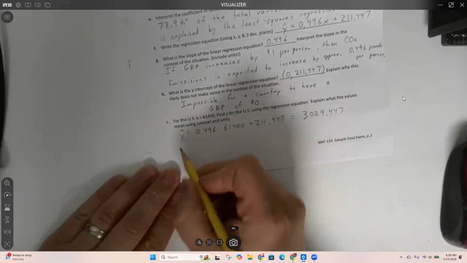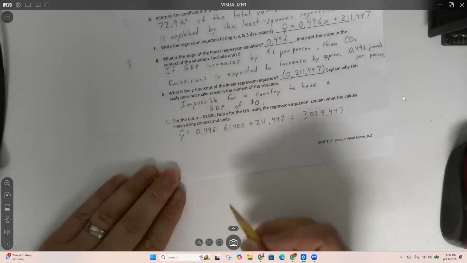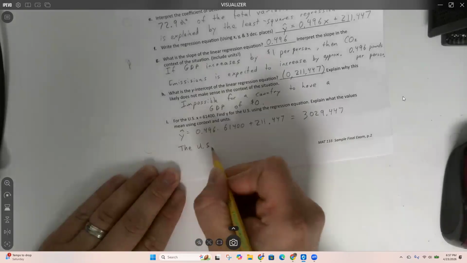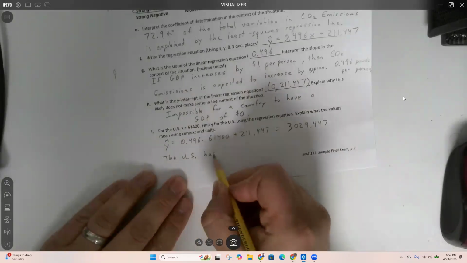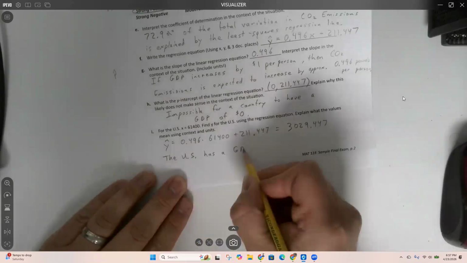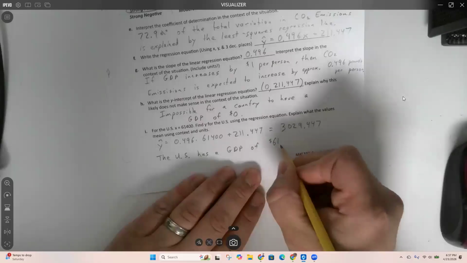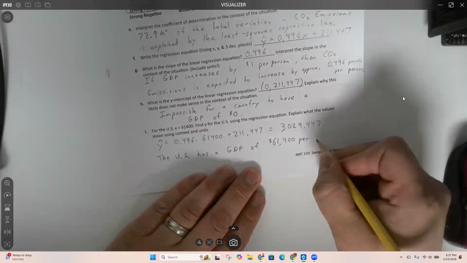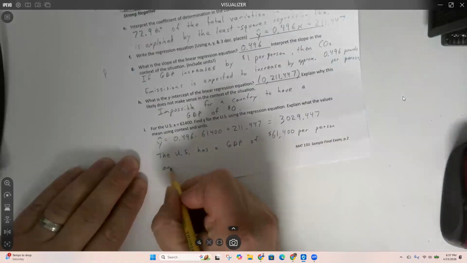All right. Explain what the values mean using context and units. The US has a GDP of $61,400 per person. So each person in the US makes $61,000 worth of stuff each year, right?